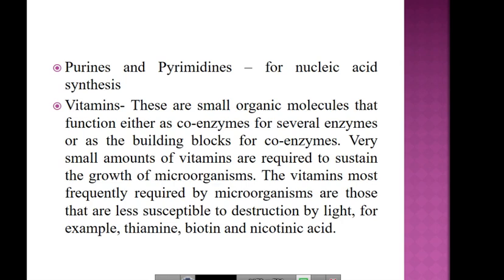So amino acids, purines and pyrimidines, and vitamins are the growth factors, an important nutritional element required by some microbes. This completes the total nutritional requirements of microorganisms: macronutrients, micronutrients and growth factors, and each of them has a different role to play in the cell.